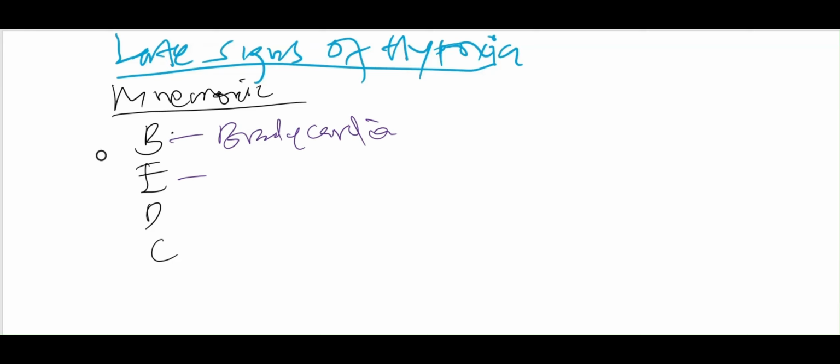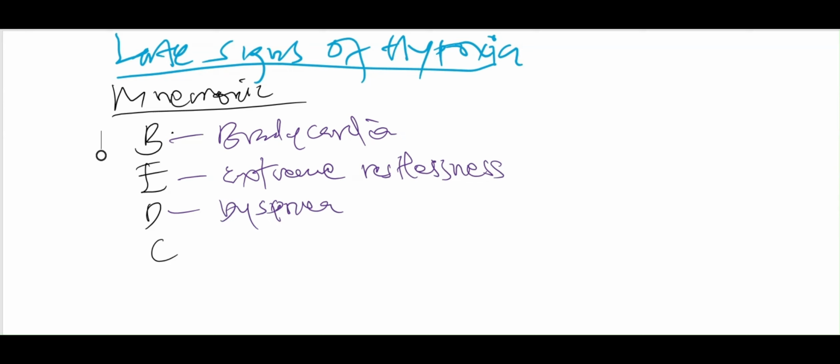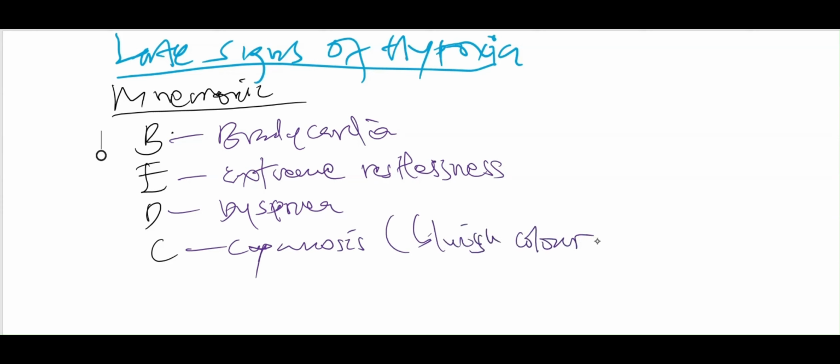And here E will stand for extreme restlessness. And D here will stand for dyspnea. Our patient will become very dyspneic. And C here will be cyanosis, that is a bluish coloration, usually on the membranes of the lips and even the palm of the patient.